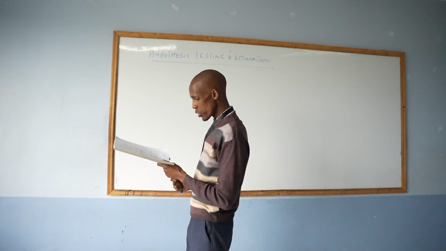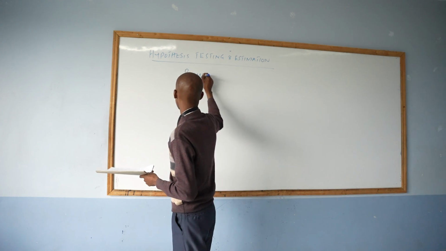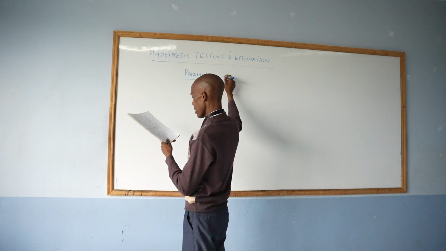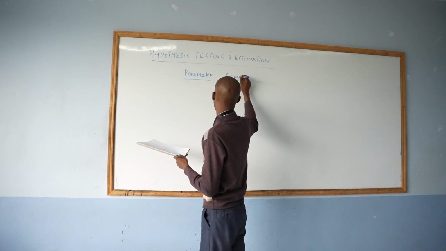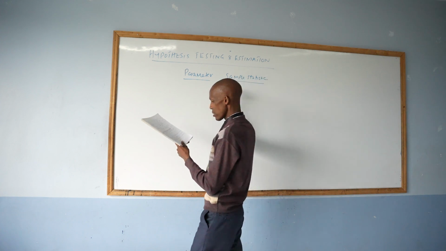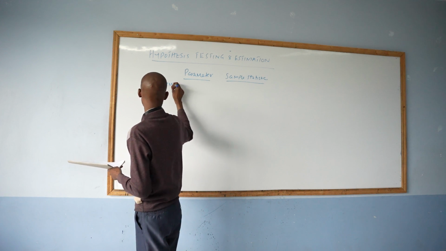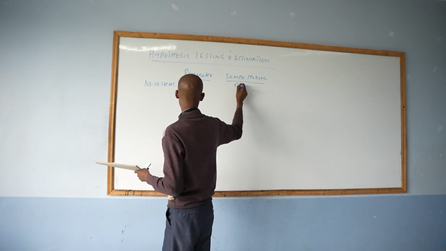And I want to introduce to you the symbols that we are going to use when we are talking about parameter and sample statistic, they are in your notes. If it is number of items, we are going to use capital N for the population and small n for the sample.